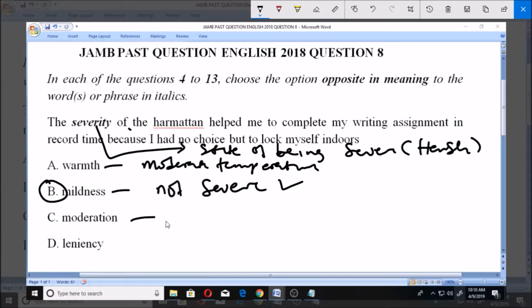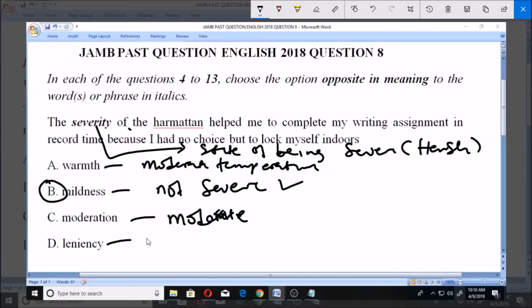Moderation is something that is moderate, just like warmth, but while warmth has to do with temperature, moderation has to do with something that is moderate. But in this context, the moderation of the harmattan, the structure of the English is not very good.